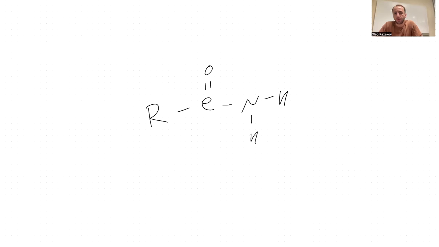Let's show the water molecule nearby. The partially positive and partially negative atoms in the respective molecules are strategically positioned next to one another: delta minus and delta plus in the water, and delta minus on the oxygen of the amide.